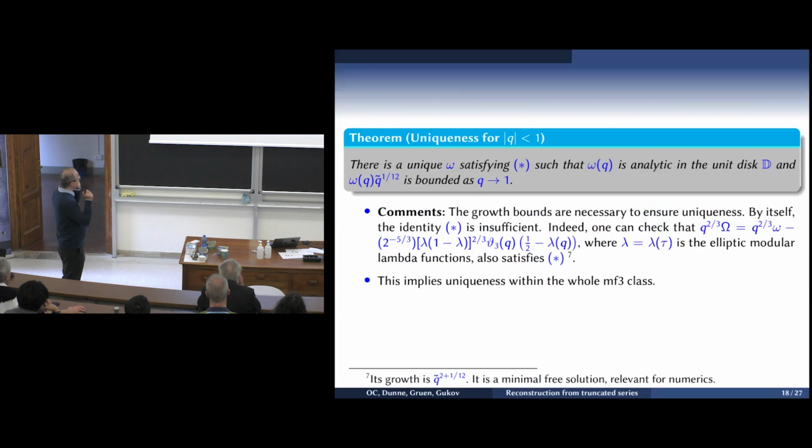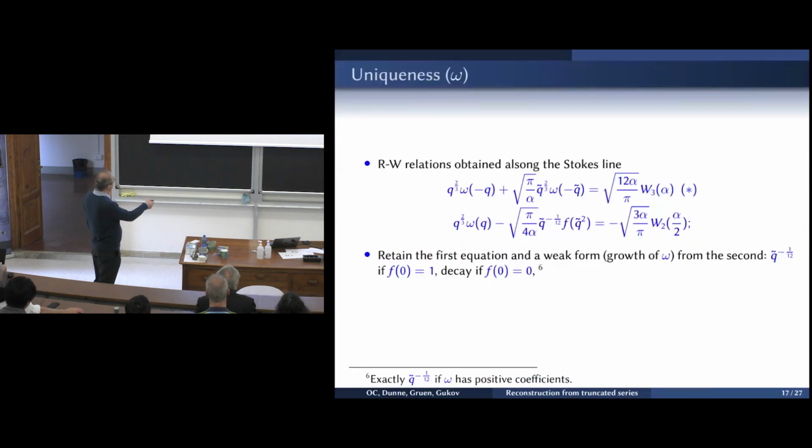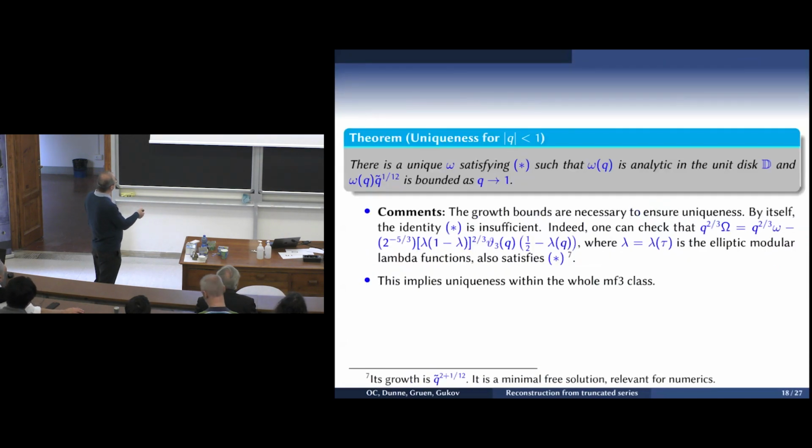Okay, which uniqueness theorem is here. So now we're dealing with uniqueness on the mock theta side. And the claim is that there is a unique omega satisfying this relation if we impose this extra boundary condition, the growth condition as you approach the natural boundary, okay? I should comment that the growth bounds are necessary in this approach to ensure uniqueness.